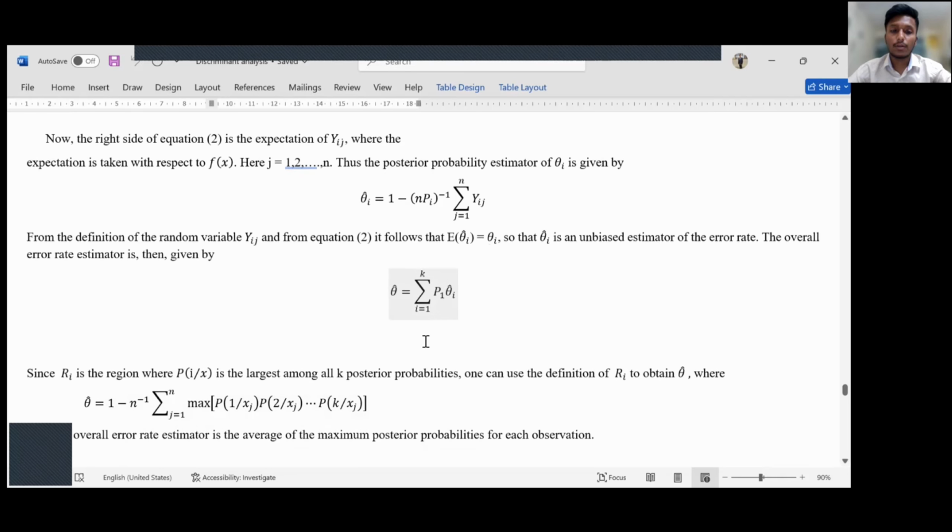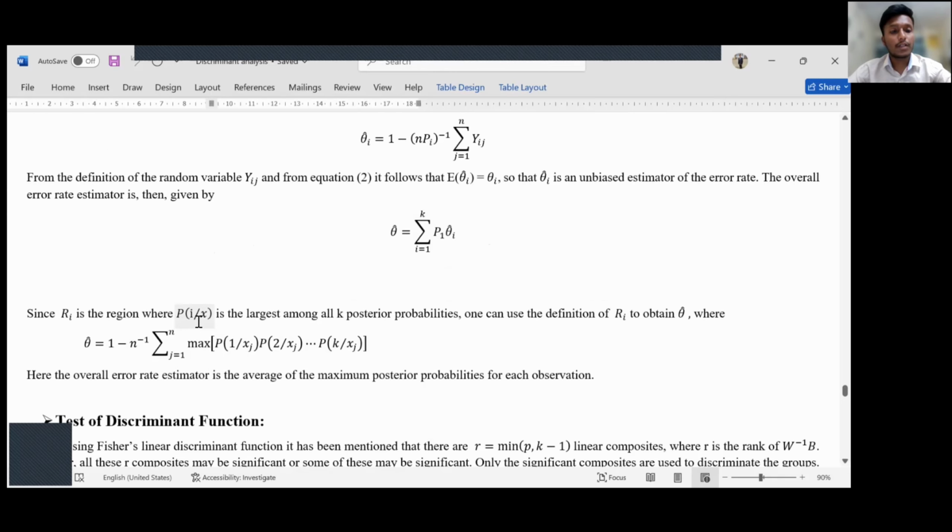So we have to use this formula: theta cap is equal to summation i running from 1 to k of p_i theta_i cap. Since R_i is the region where the posterior probability is the largest among all k posterior probabilities, one can use the definition of R_i to obtain theta cap, where theta cap is equal to 1 minus n inverse summation j running from 1 to n of the maximum of probability of 1 given x_j, probability of 2 given x_j, and so on up to probability of k given x_j.